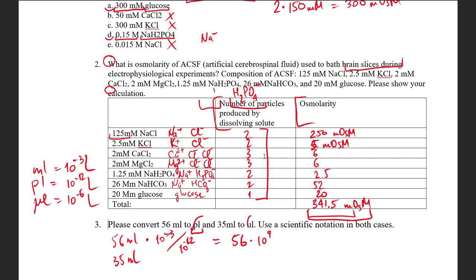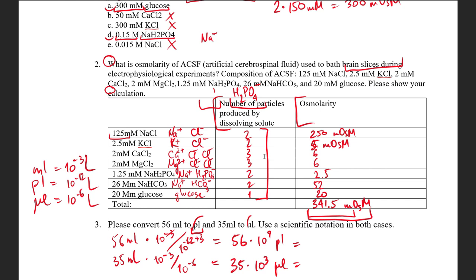So we have minus 3 and 3 here, so we can cancel these, so we are left with 9 only here. When it goes up, it loses the minus. And for this one we have 10 to the power of minus 3 divided by 10 to the power of minus 6. So here we will have 35 times 10 to the power of 3. Of course we have picoliters here and microliters here.